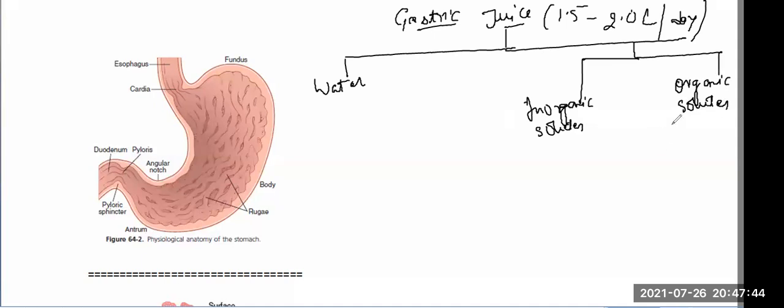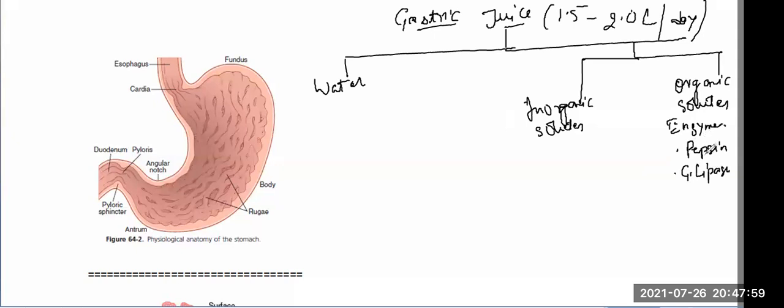In organic solutes, we have enzymes that help in digestion, enzymes like pepsin, and you have gastric lipase.